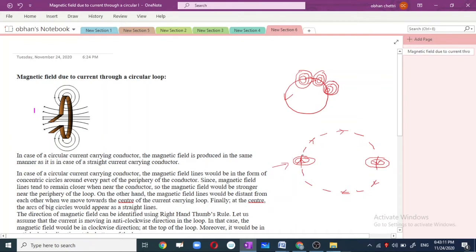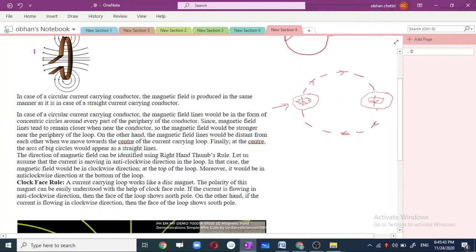So according to the right hand thumb rule, the magnetic field will be in the anti-clockwise direction. So I'm putting the arrow here, and like this, arrow like this, arrow like this.